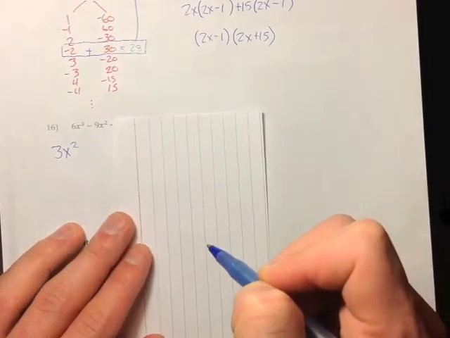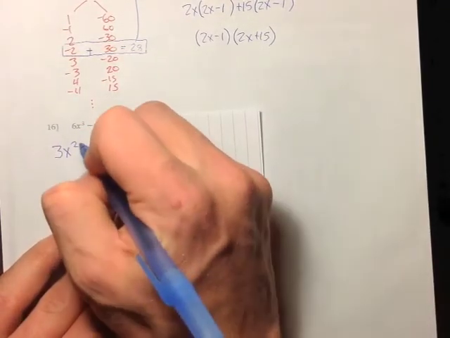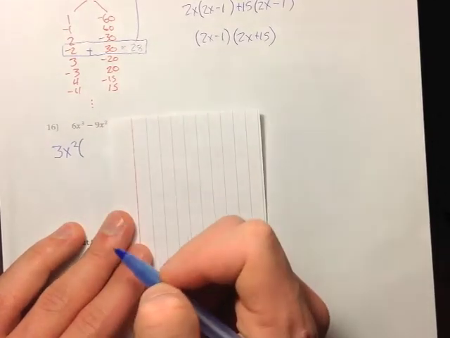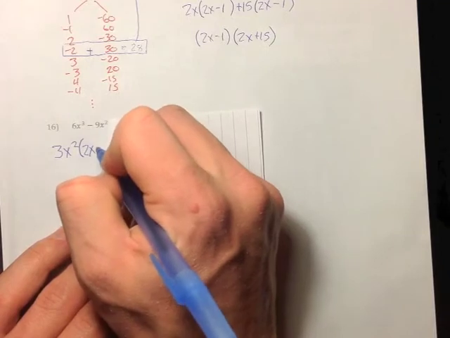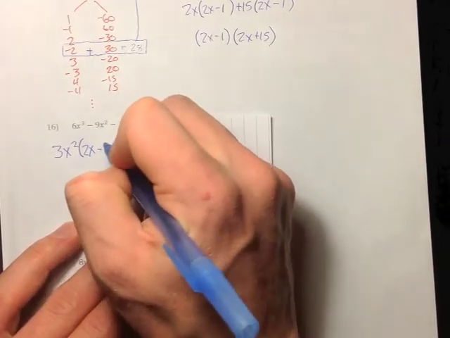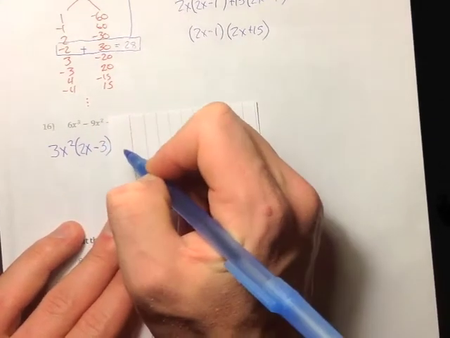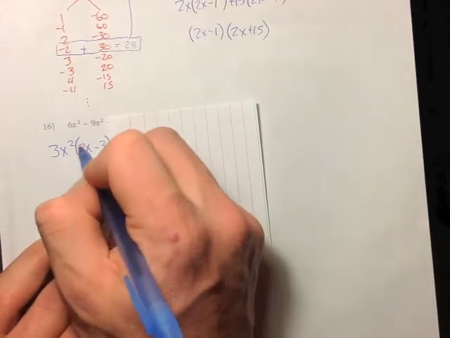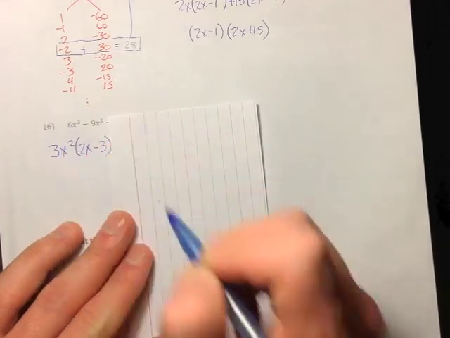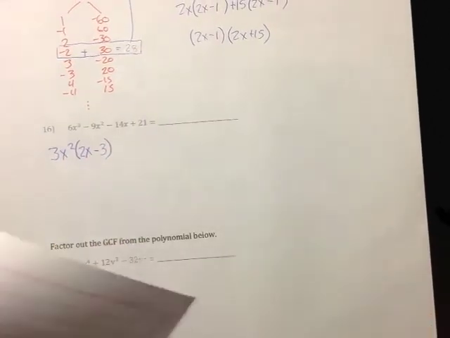So 3x squared appears to be the GCF. What's left over when we take out a 3x squared? Well, 2x minus 3, right? So that's the GCF of the first 2 terms, and this is what's left over after we factor out the GCF. Now let's look at the second 2 terms.